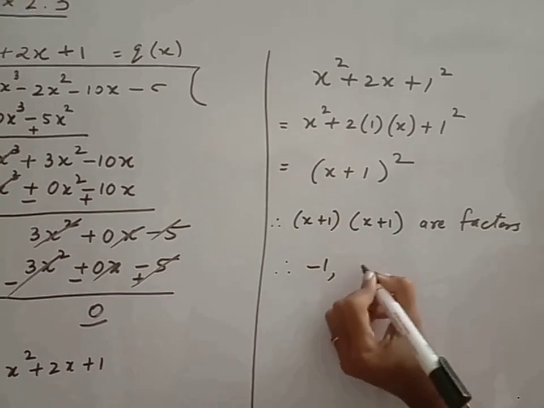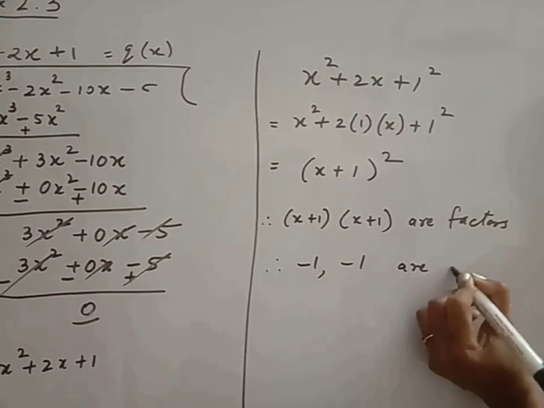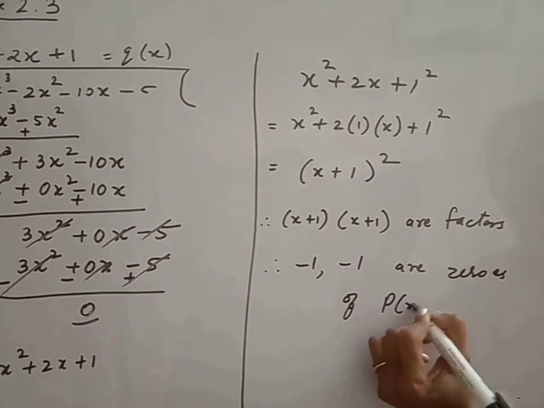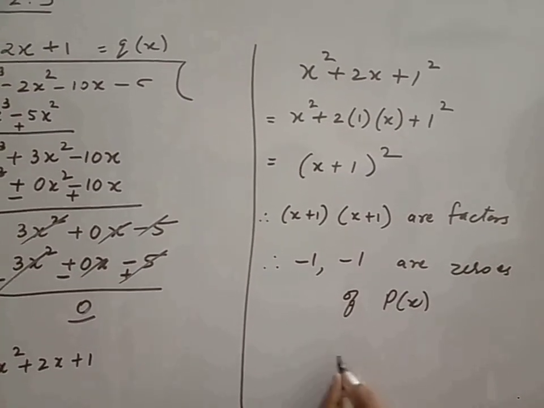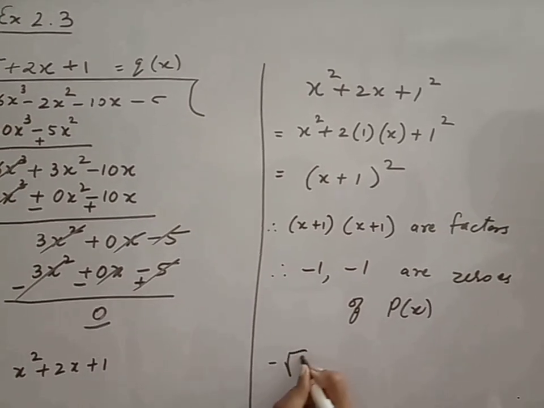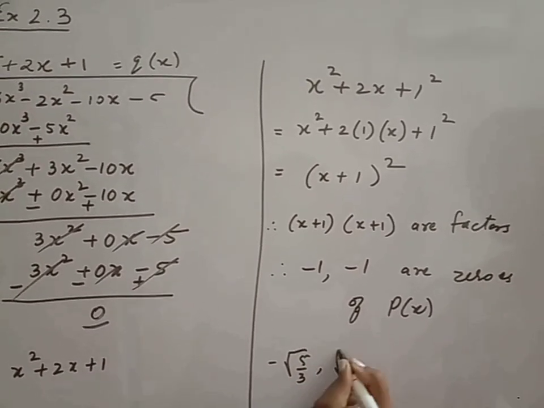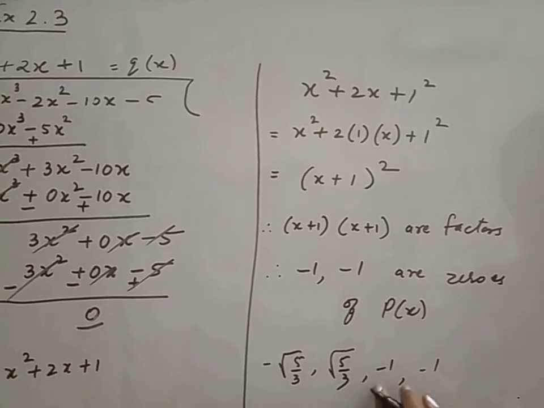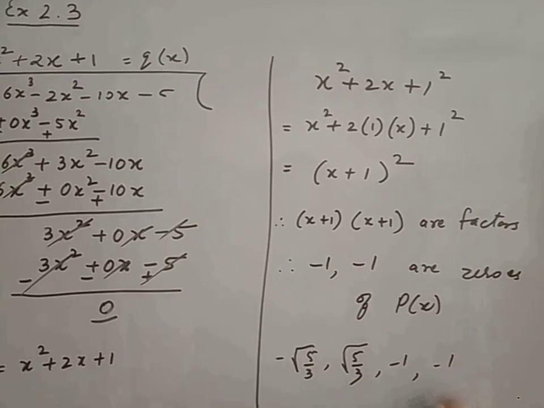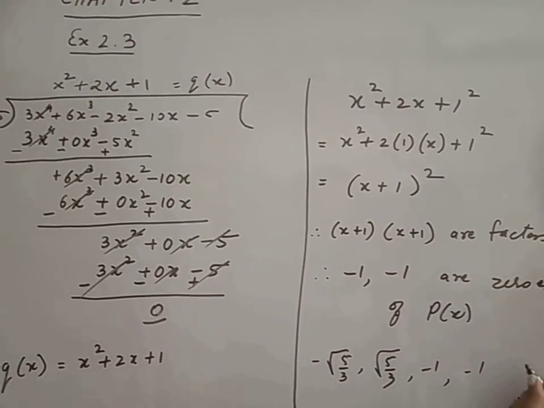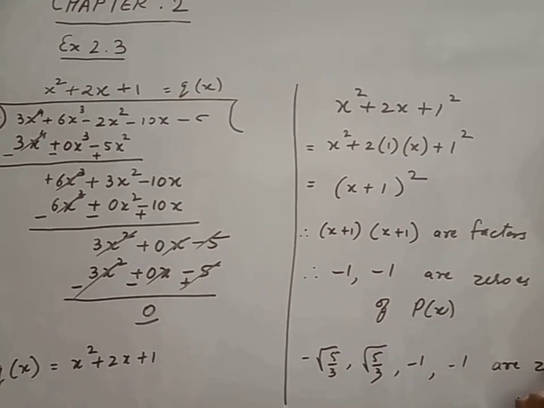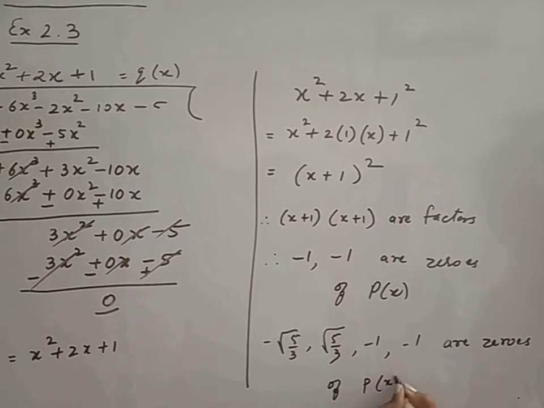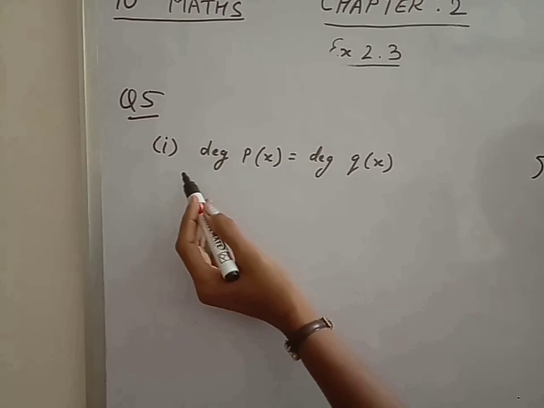Therefore, minus 1 are zeros of p(x). So total 4 zeros: one is minus under root 5 by 3, under root 5 by 3, minus 1, minus 1. So we had to find these two zeros. These two were already given. Are zeros of p(x).